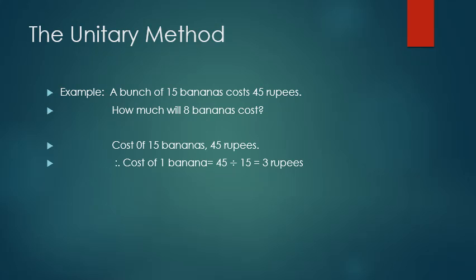Therefore, the cost of 1 banana equals 45 divided by 15 equals 3 rupees. Therefore, the cost of 8 bananas is 8 multiplied by 3 equals 24 rupees. So children, now we have solved it. So what is the unitary method?